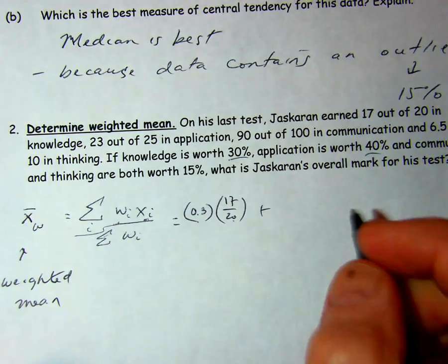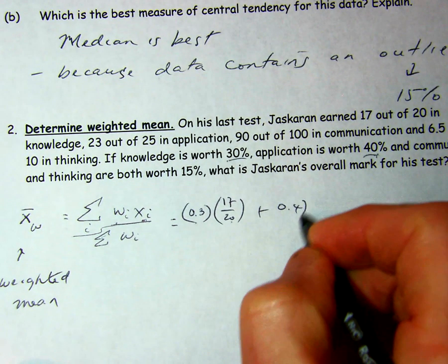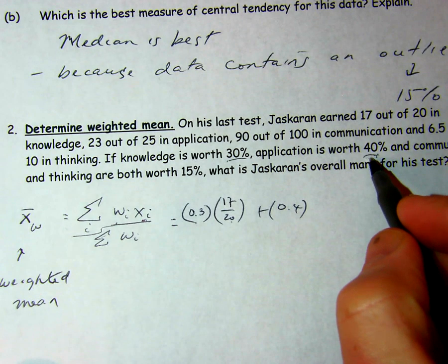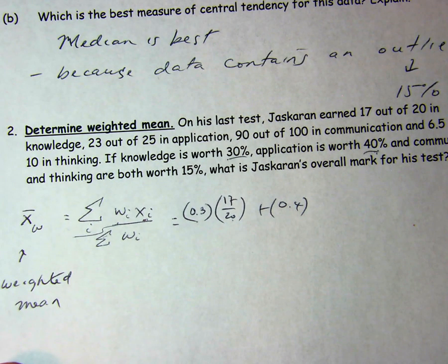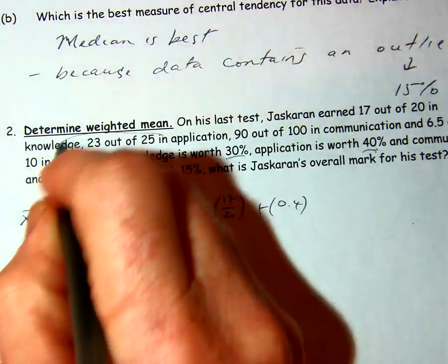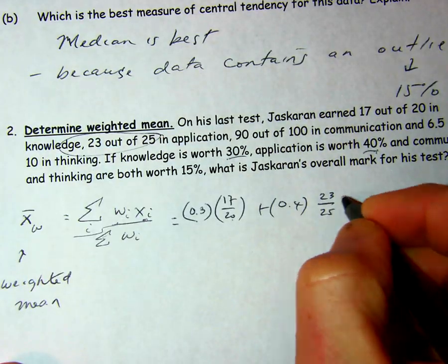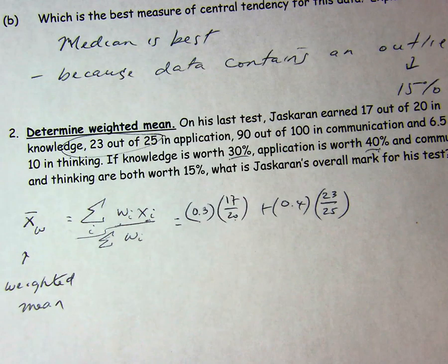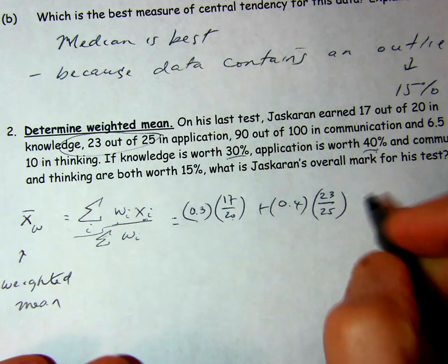So let's do the second one. We have 40% in application. What was your application mark, Jazz? 23 out of 25. All right, and it's worth 40%, so I'm putting a 0.4.